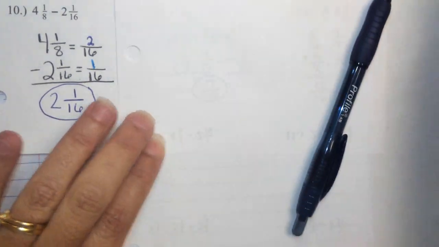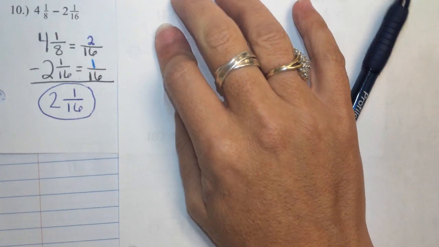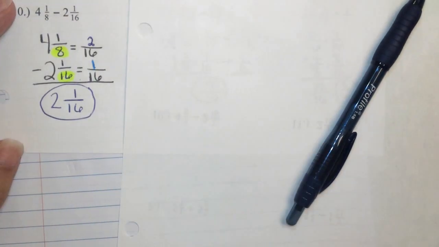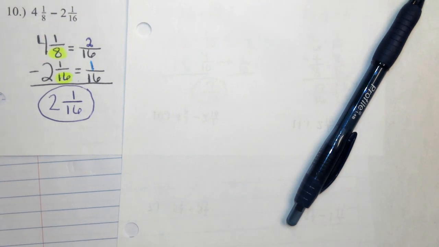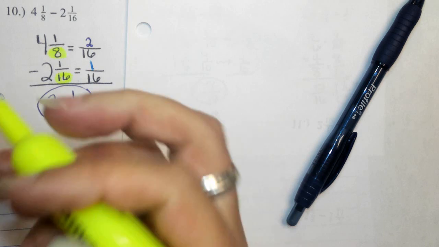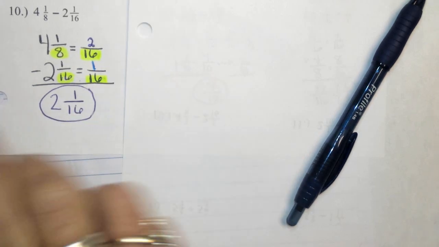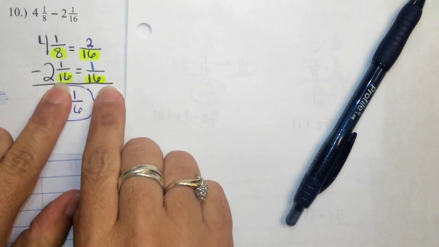when you start this off, guys, the very first step is looking and seeing if these denominators are the same, okay? And if they're not, that is the first thing you have to do. Do you see why it's 16?